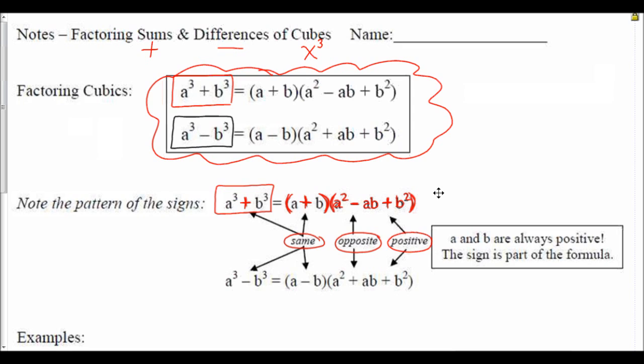The same process works if we have a cubed minus b cubed. The first factor is a minus b. That's the same sign that I had in the original problem. In the second factor, again, we're going to follow this pattern where the first term is the square and the last term is the square.